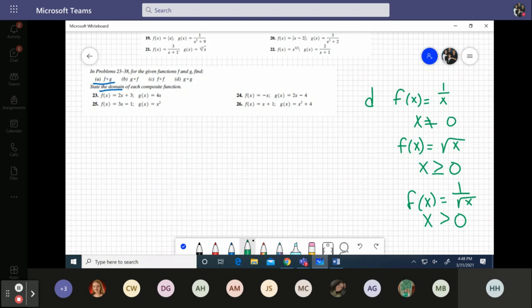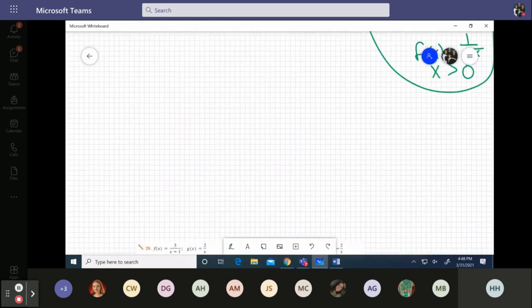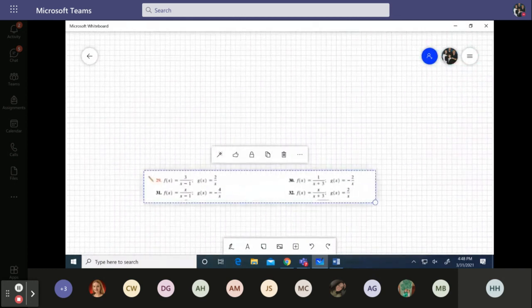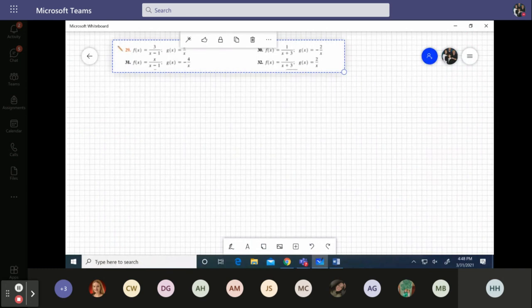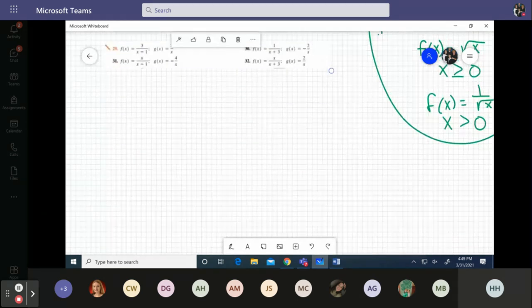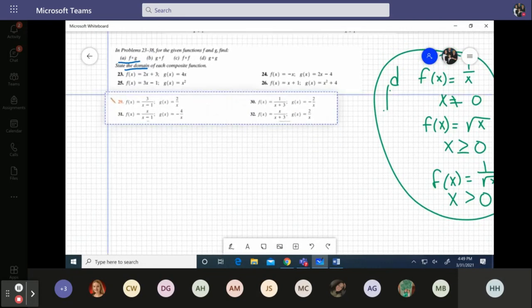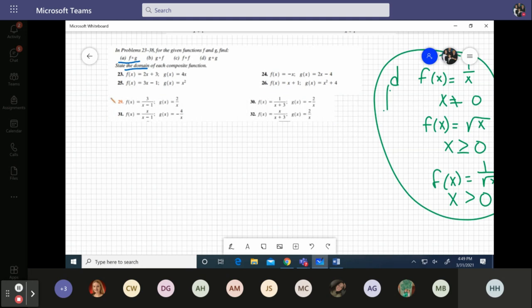So when we get into our next composite functions, we need these rules about the domain. So I still need to know what my domain of my composite function is.